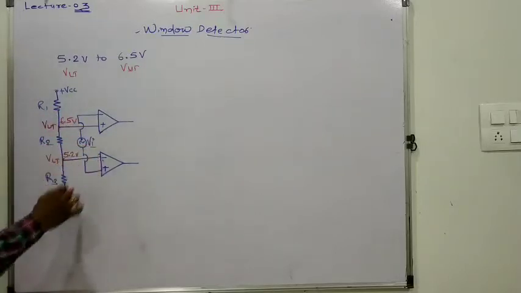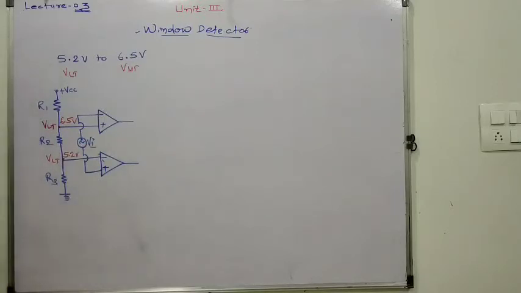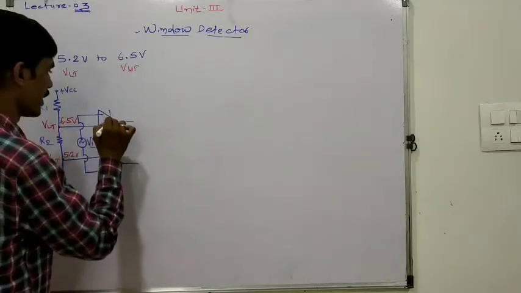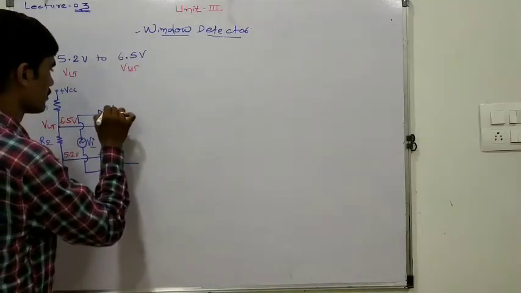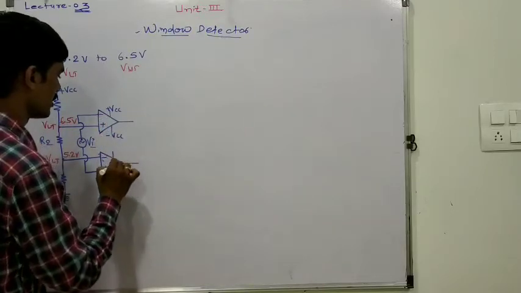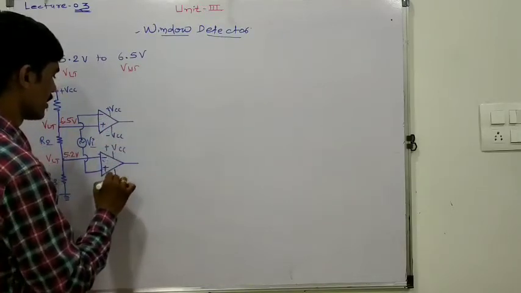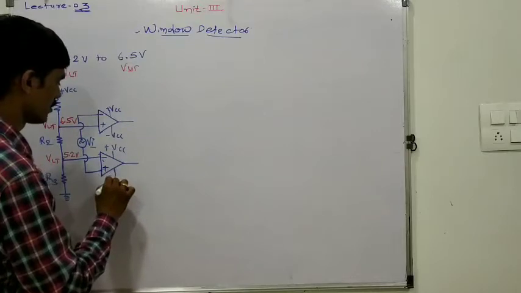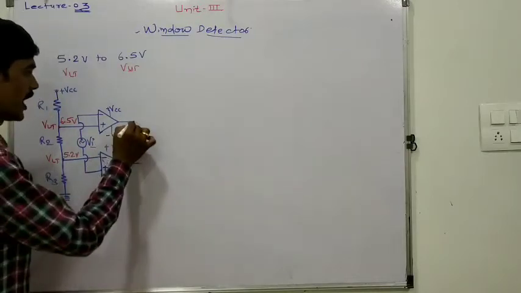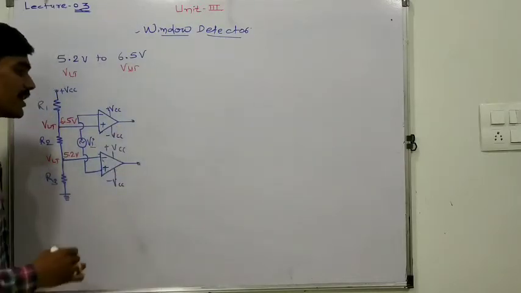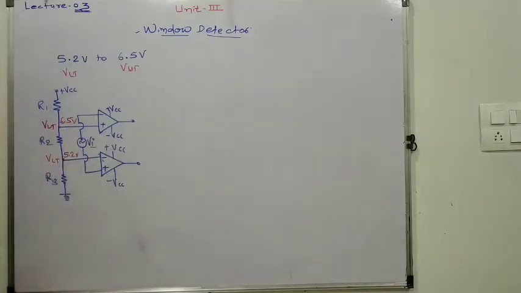This is VI input, and this is nothing but VCC, that is plus 15 volt. So here we have to provide plus VCC, this is minus VCC, this is plus VCC, and this is minus VCC. So whatever voltage we are getting here is nothing but a saturated voltage, either positive saturation or negative saturation.